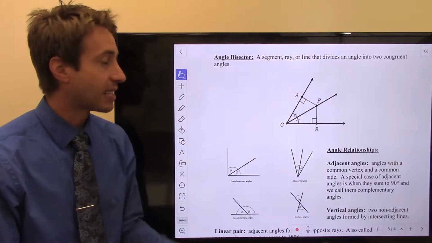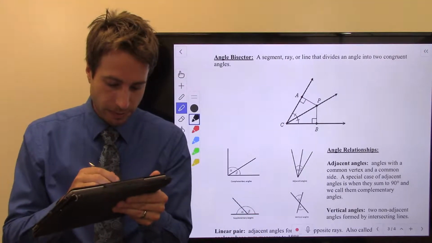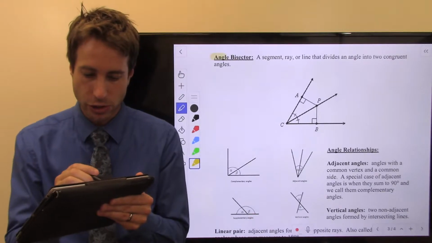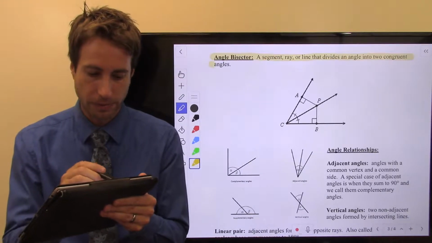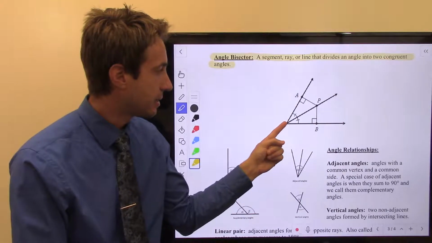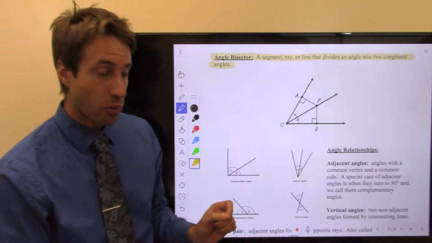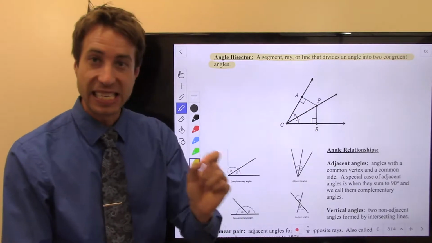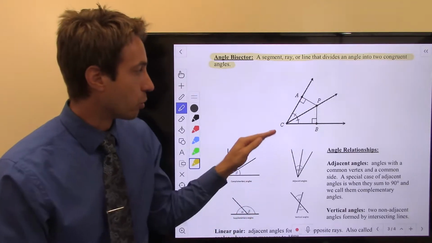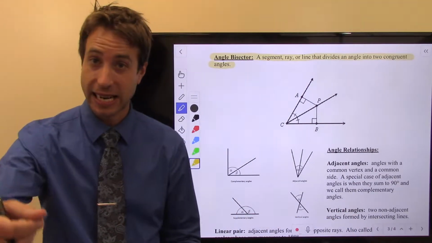An angle bisector, and after talking about segment bisectors, this shouldn't be too difficult. If you have an angle ACB, and the ray CP is an angle bisector, it will split that angle right down the middle, and you should recognize the notation.